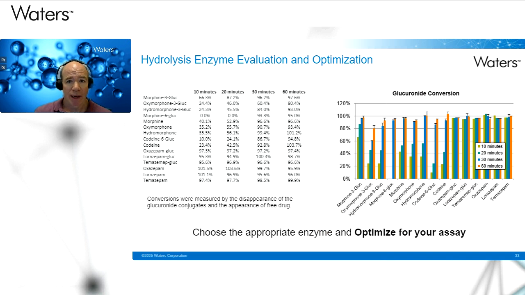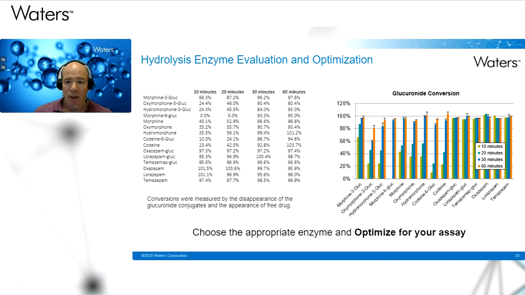Here's just a quick example of a hydrolysis optimization we did in our lab a few years ago. We took some conjugated opiates and benzodiazepines, or morphine, oxymorphone, lorazepam, etc. And basically we incubated them in our hydrolysis enzyme, and then monitored their conversion from the conjugated to the free state.